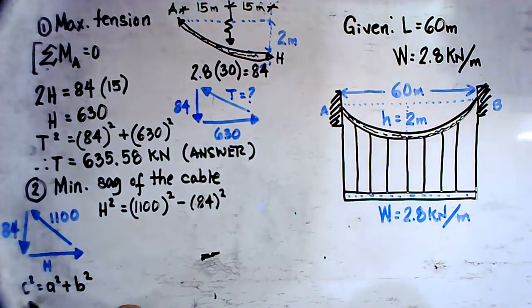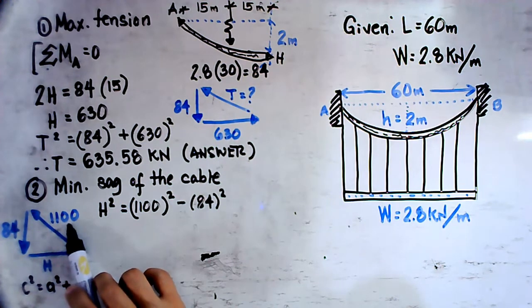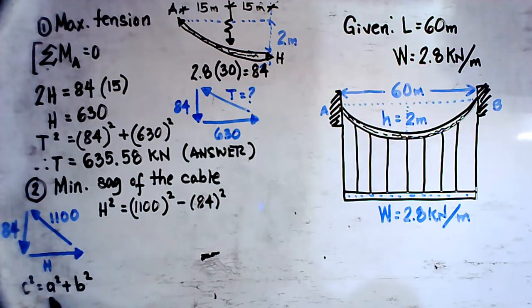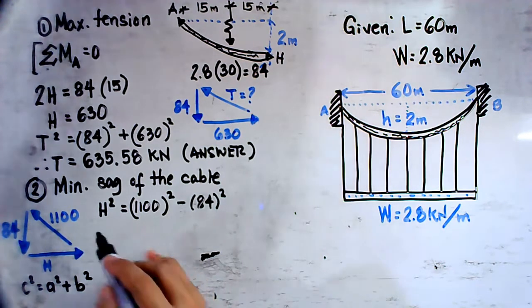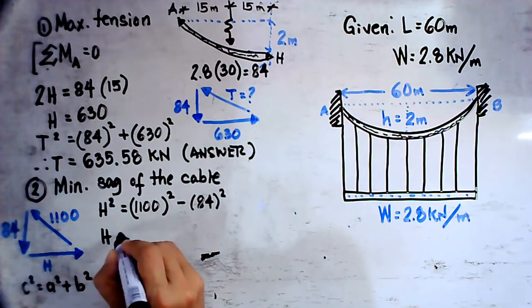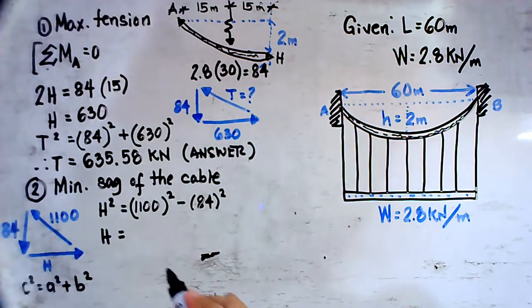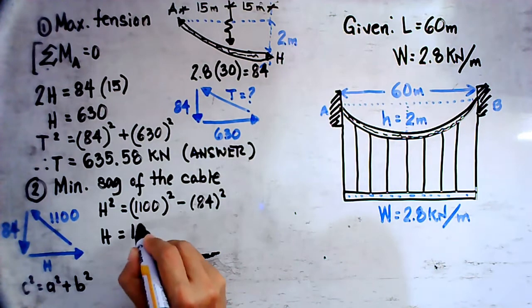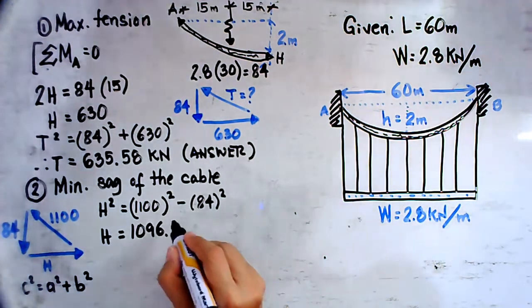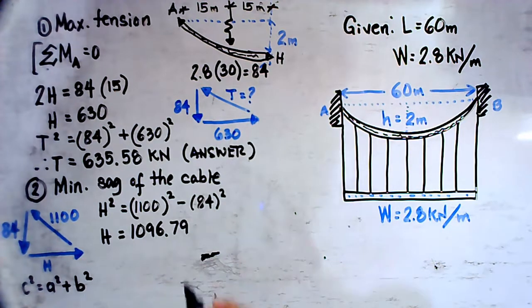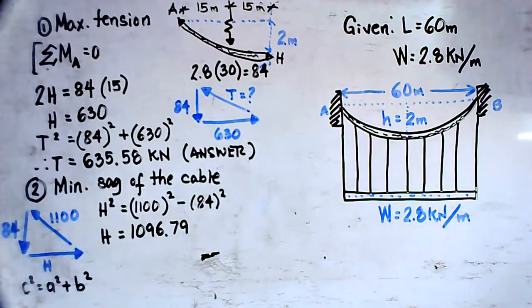And in this particular case, the value of c is 1,100, the value of a is 84, and the value for b is H. So that we will have the value for H here, which is equals to, by calculation, 1,096.79.